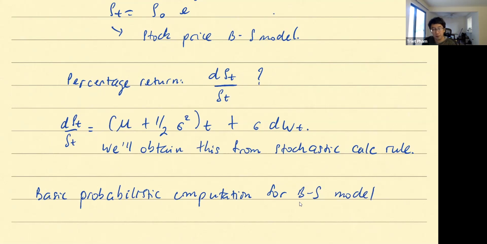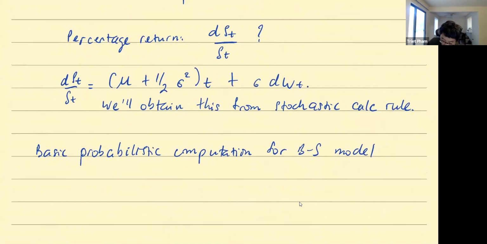I'll ask you to accept this for now, that there is the idea of risk neutral in the Black-Scholes model as well, because the idea of risk neutral applies to any model. Of course, the challenge is to understand what it means to be risk neutral in this kind of context, which is why I asked you to accept it.